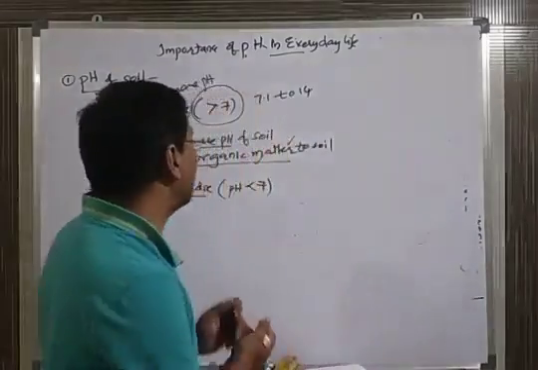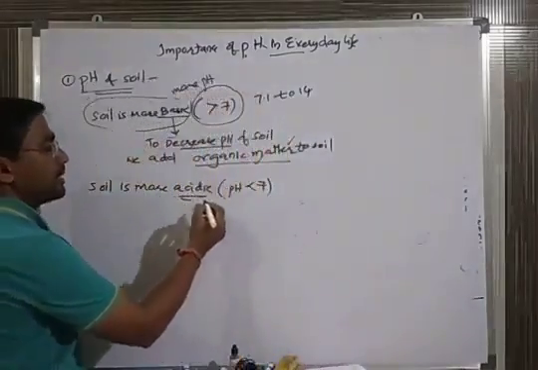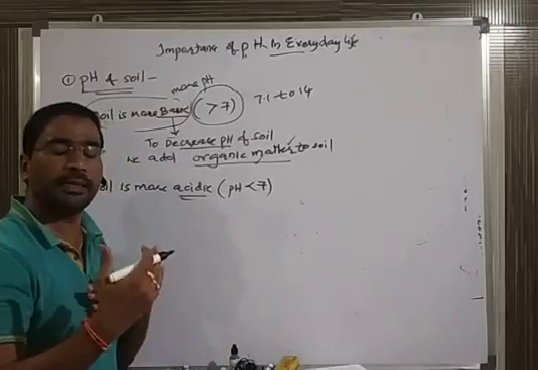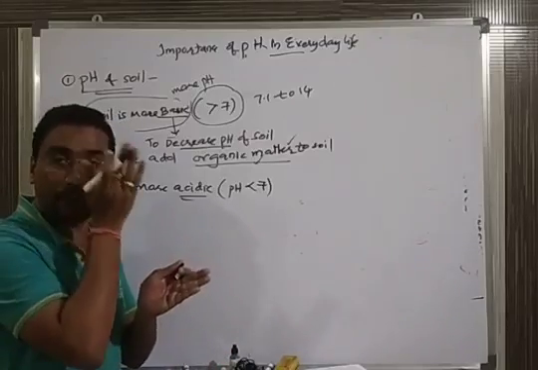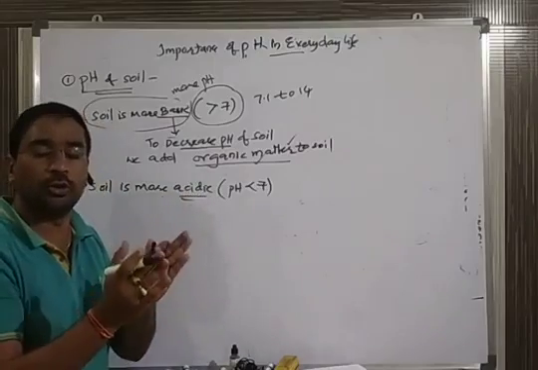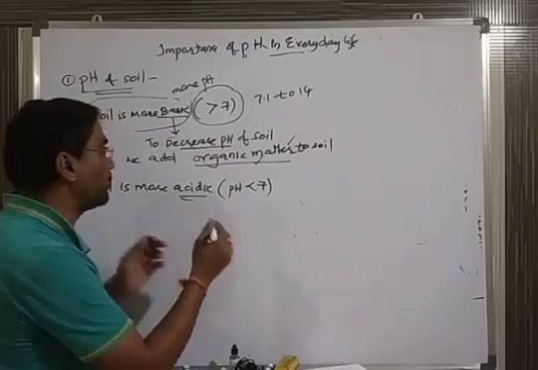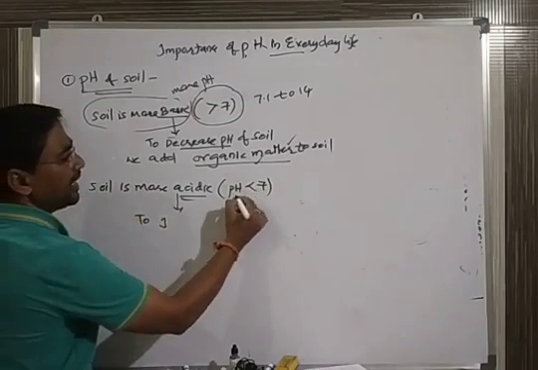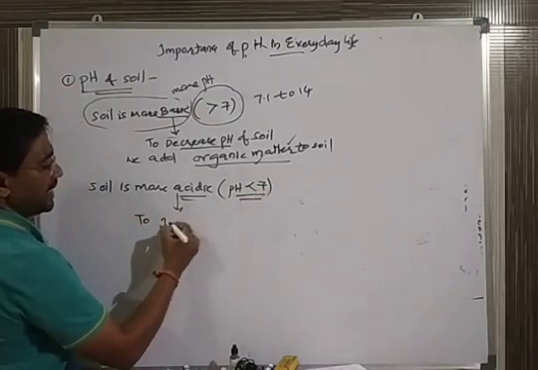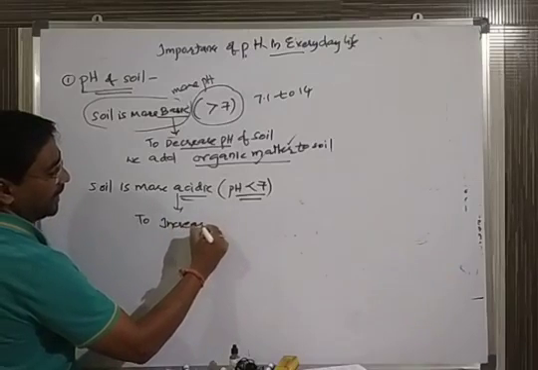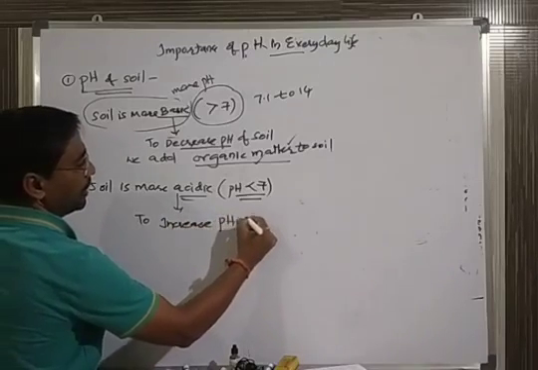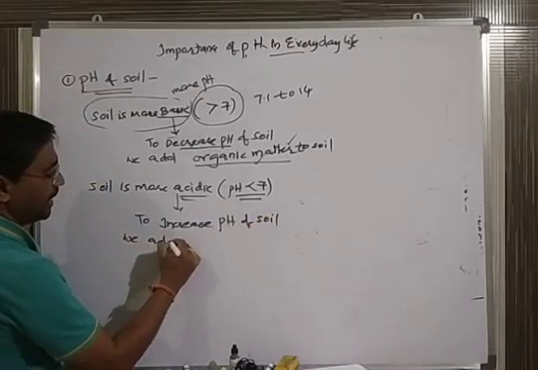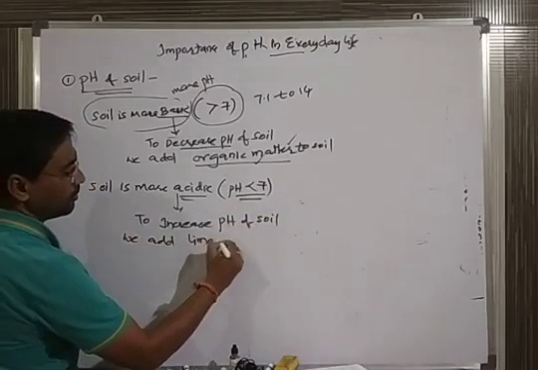So to make the soil fertile and suitable to cultivate different types of crops, if the pH is less than 7, we add something to increase the pH. To increase the pH of soil, we add limestone.